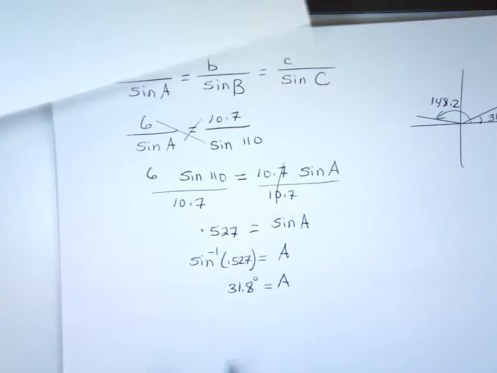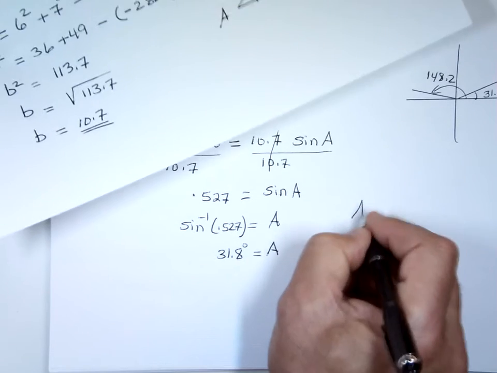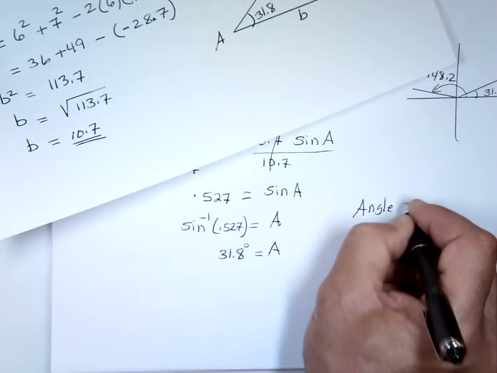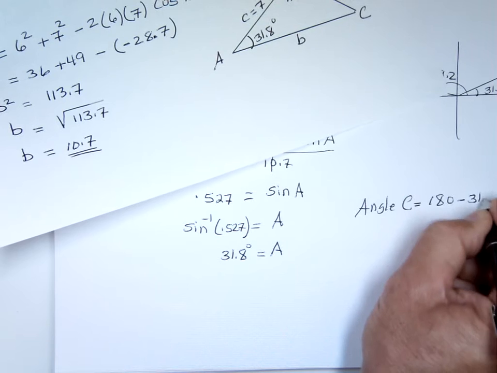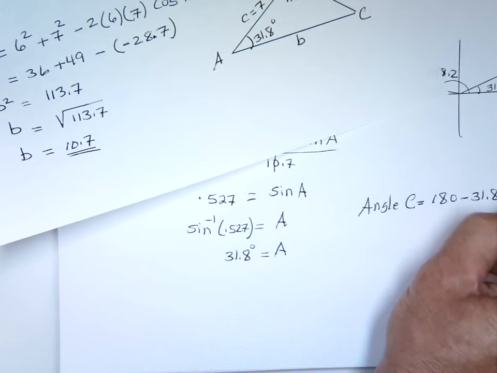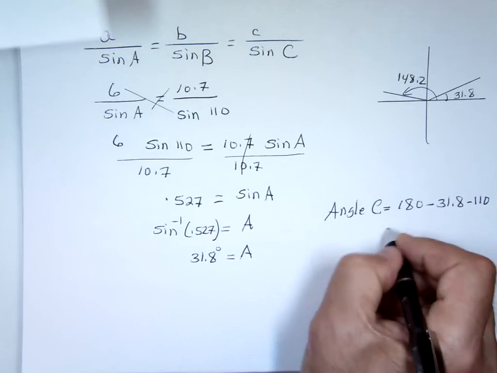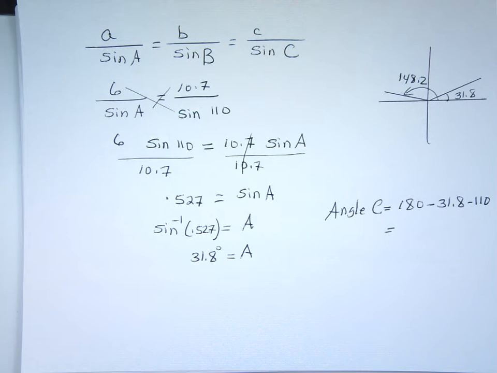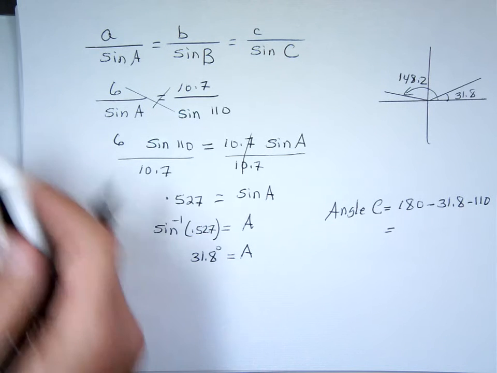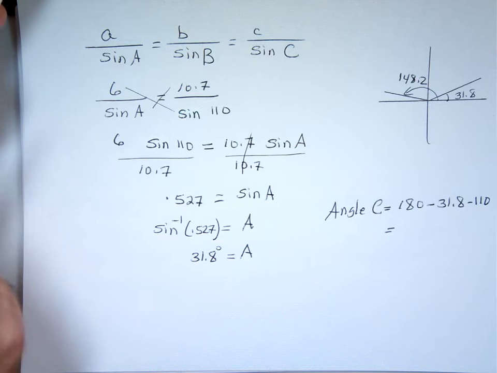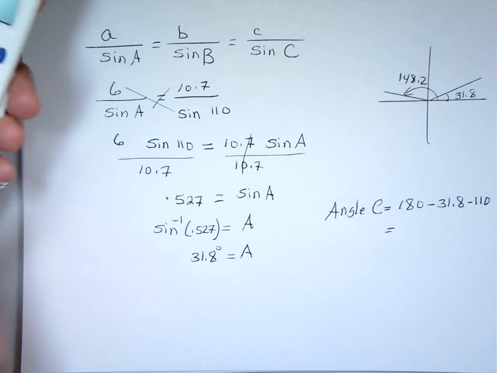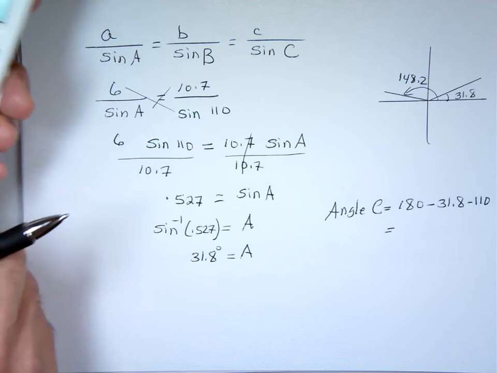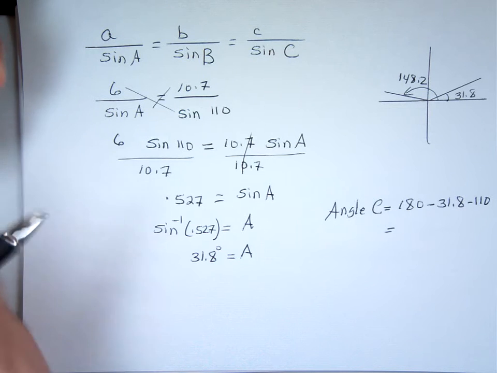Now I know what angle C is. It's 180 minus 31.8 minus 110, which is 38.2.